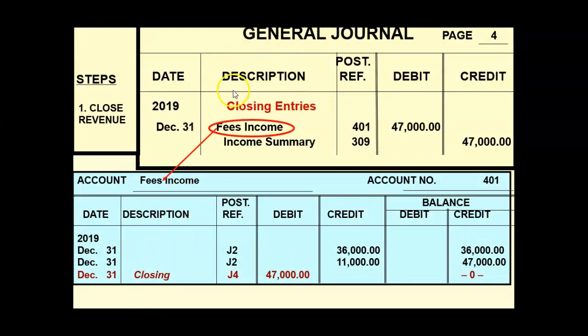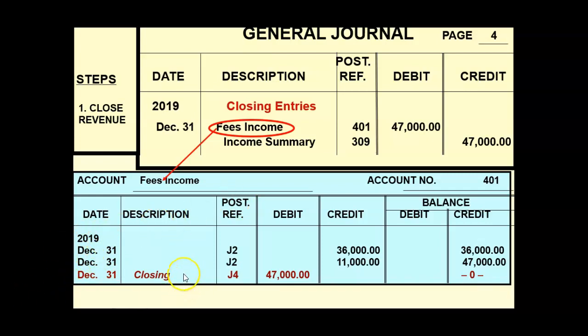For example, here is the fees income ledger account. This is part of the closing entry from the general journal. We now want to post this closing entry into our fees income ledger account. Remember the 5 steps of the posting process. First, we record the date of the transaction into the date column of the ledger account.